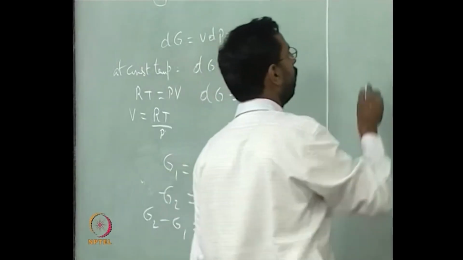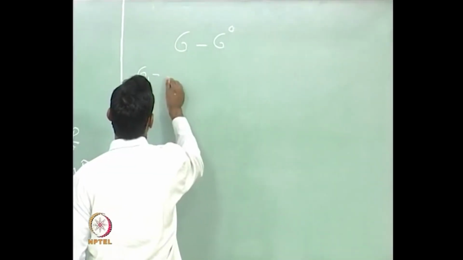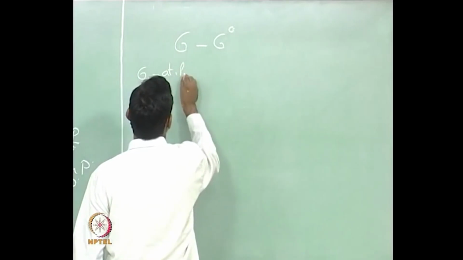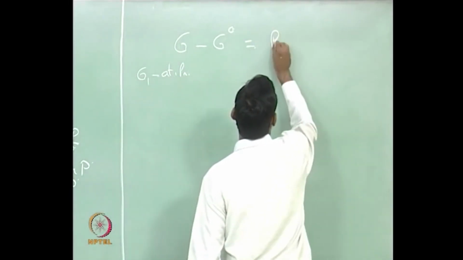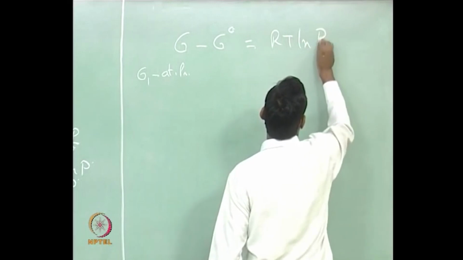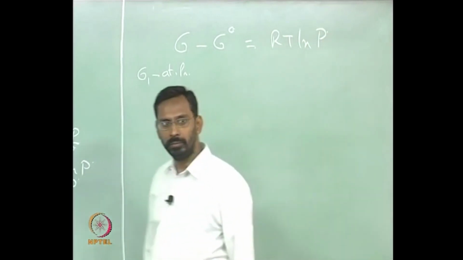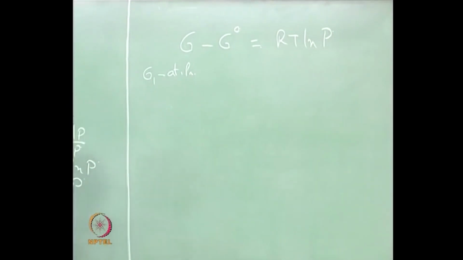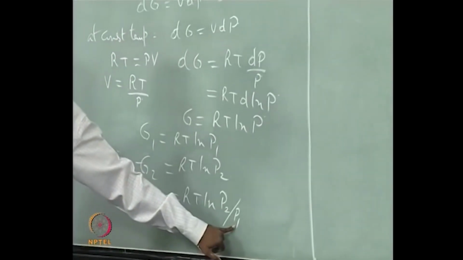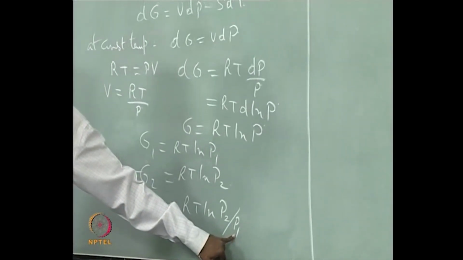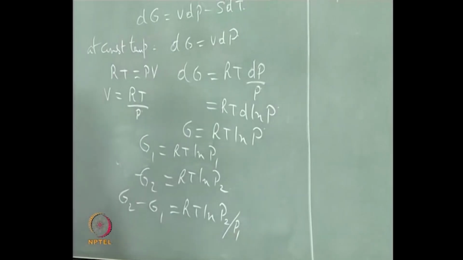I will take G1 as related to atmospheric pressure, can be written as RT ln P, because if I take P1 as 1, then P1 goes off in this equation.